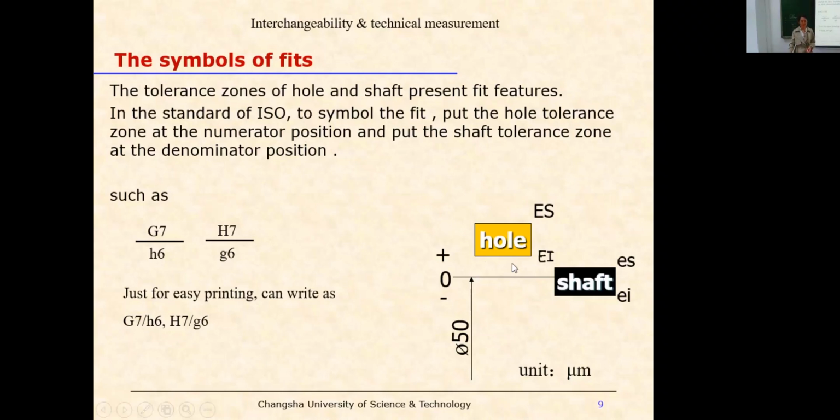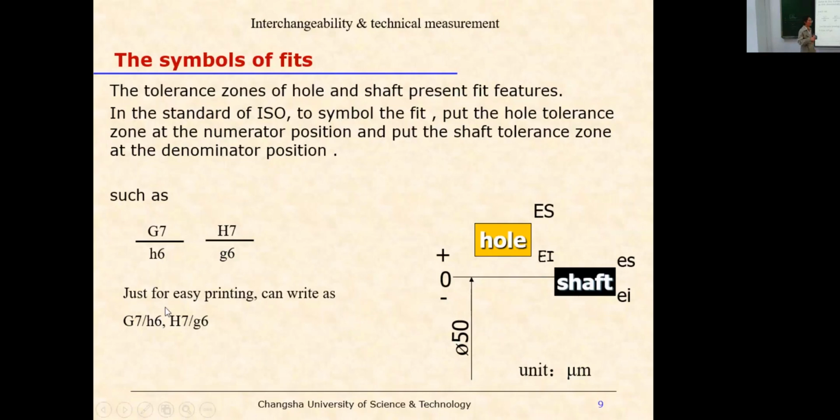So like this one, this is the G. No, this is not the same. This is not compared to this, this is for example. So this is the hole, the ES and the EI, this is the shaft. When you use this, you can know whether it is a clearance fit, an interference fit, or a transition fit.